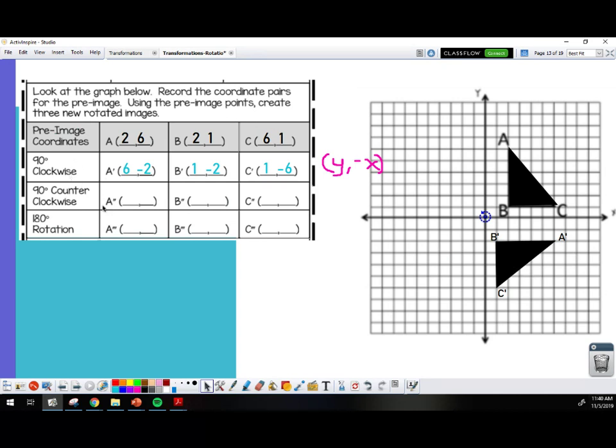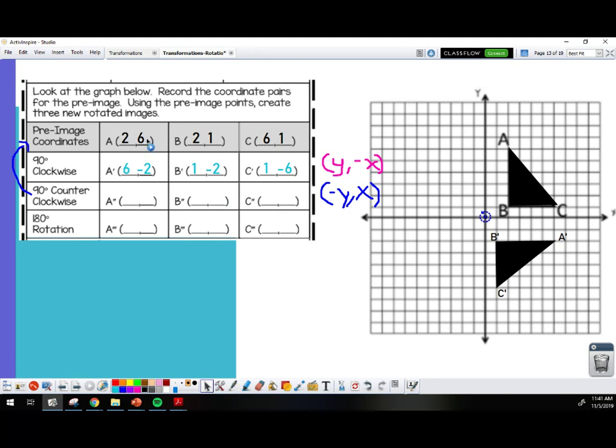Next, let's do 90 degrees counterclockwise. We're always going to be referring back to the pre-image coordinates when we're turning our shape. So for 90 degrees counterclockwise, what's our rule going to be? Our rule would be opposite y, x.